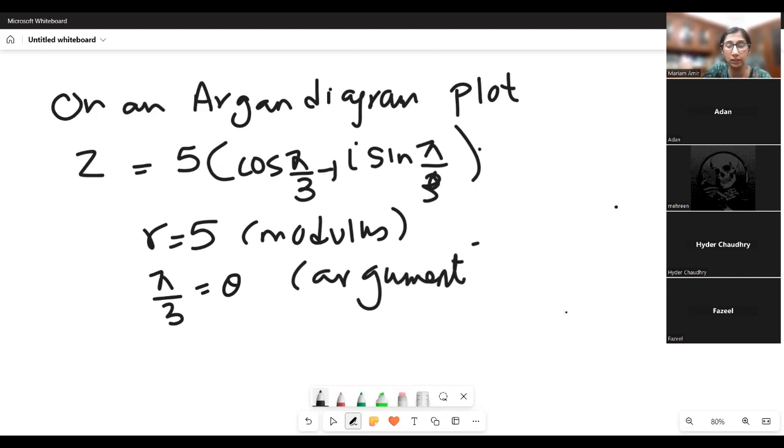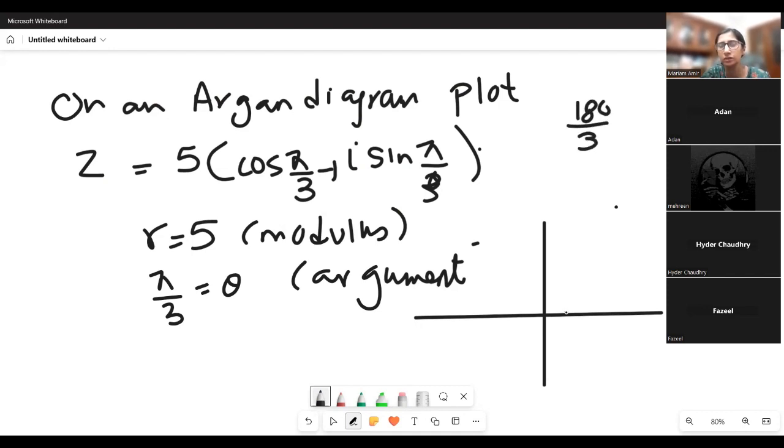So let's make a pi by 3 angle. What is pi by 3 in degrees, by the way? It's going to be 180 divided by 3, which is 60. So you have to roughly plot a 60 degrees angle, let's say here. And you're going to say this is pi by 3.